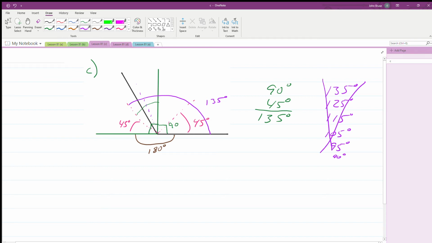Sorry, I was just showing you guys something there. I didn't really like that. So let's look at half of 45. Half of 45 is about 22.5 degrees. So it's going to be a little bit more than that, though.